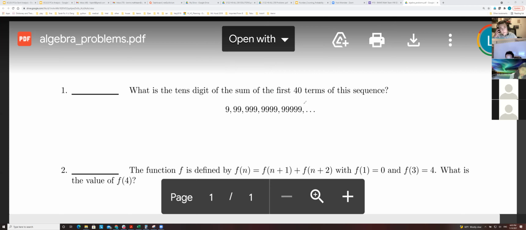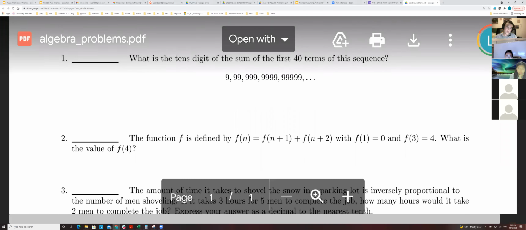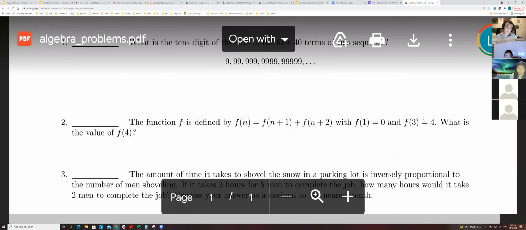Okay, let's move on to the second problem. Could I do that? Yes. So what we know is that f of 3 is equal to 4 and f of 1 is equal to 0. So you see what's the closest to f of 1 and f of 3.